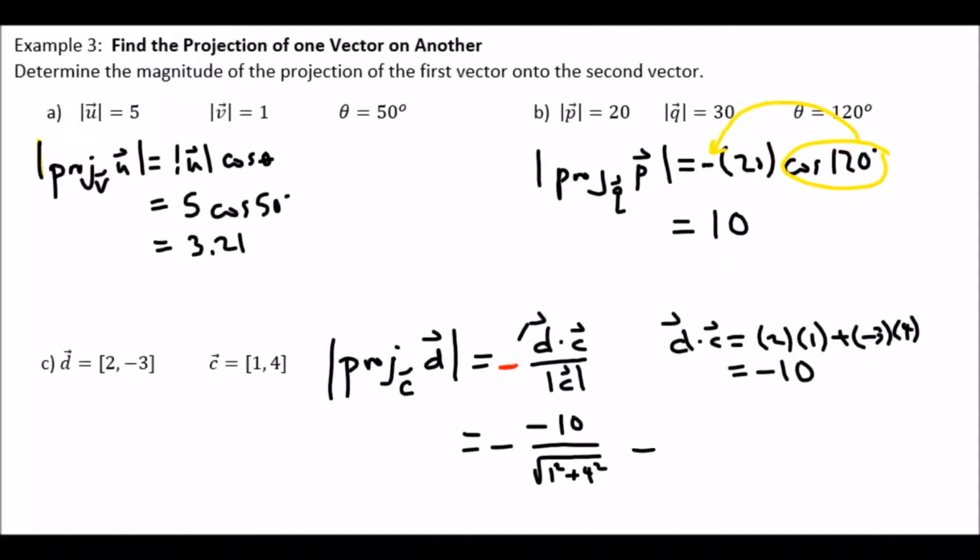I ran out of room here, so I'm just going to go here. The magnitude of the projection of D onto C is equal to 10 over the square root of 17.